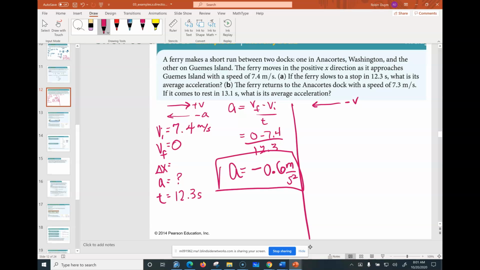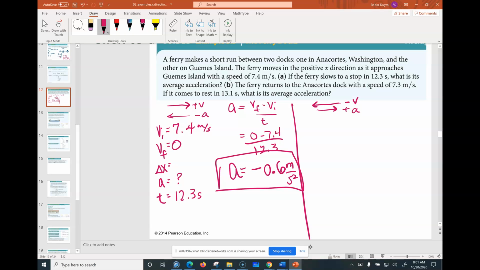He's slowing down. So what direction does my acceleration have to be? Remember, if you are slowing down, your v and a have to be in opposite directions. So if my velocity is negative, that means my acceleration has to be this way. And that is totally counterintuitive to what you're used to thinking, because you always think acceleration means I'm speeding up.